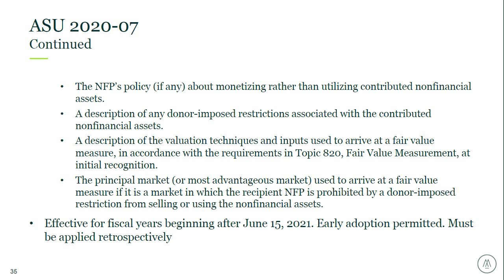And then the last one there is a unique situation where, if donors donate assets but restrict or prohibit you from selling or using those assets in the principal market that you're using to determine the fair value, there's a requirement to disclose that market.